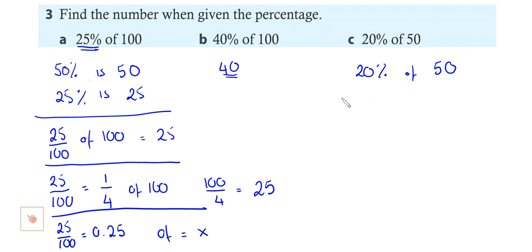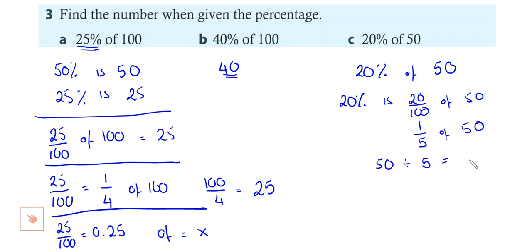Okay, so 20% is 20 out of 100 of 50, which, if we simplify to 1/5 of 50, we can then say, well, it's 50 divided by 5, which is 10. You take 50 then times it by 1/5. Yes. That's basically the same thing.